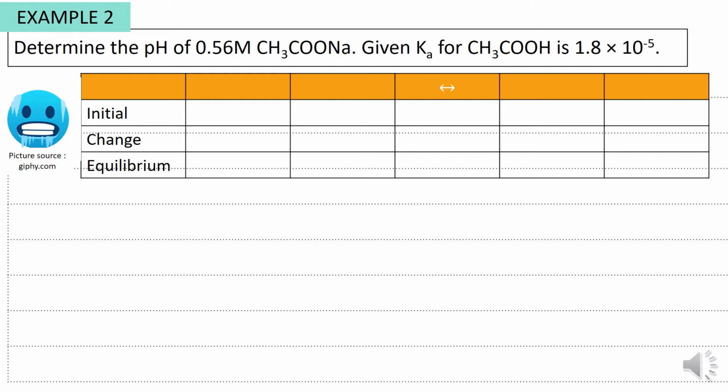So this is CH3COO, sorry, CH3COONa is the salt. You need to find the conjugate first. So plus water, CH3COO minus plus Na plus, and the minus will attach to the hydrogen ion.